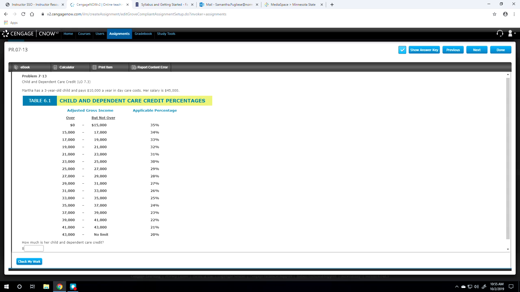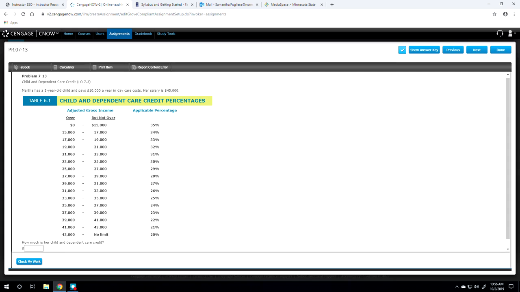Okay, number 13. So we have Martha has a 3-year-old child. So one child pays $10,000 a year in daycare costs, and her salary is $45,000. So we want to pay attention to the fact that there are limits for the amount of qualified child care expenses that we can even use in our calculations.